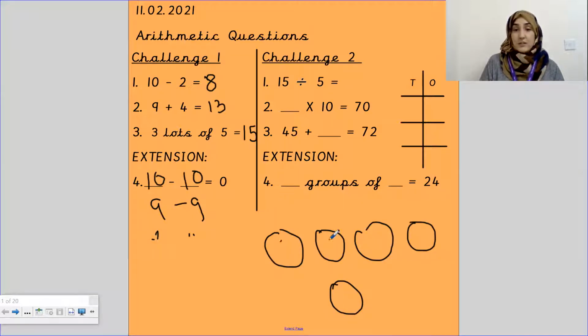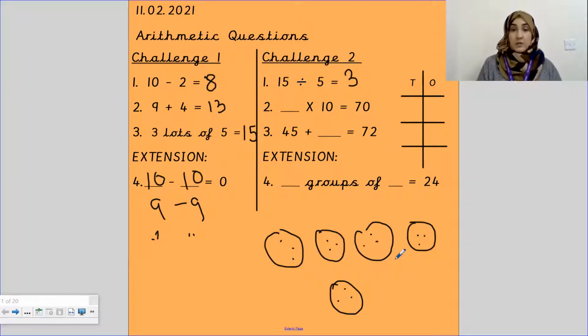So that's 1, 2, 3, 4, 5, 6, 7, 8, 9, 10, 11, 12, 13, 14, 15. So there are 15 dots divided into 5 equal groups equals 3 dots in each group. So 15 divided by 5 equals 3. Okay, that is one way that you could use to work out this example.